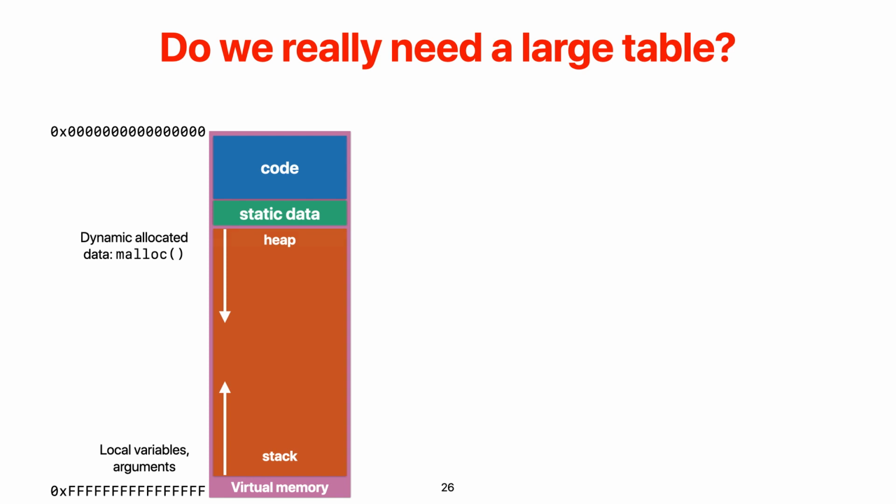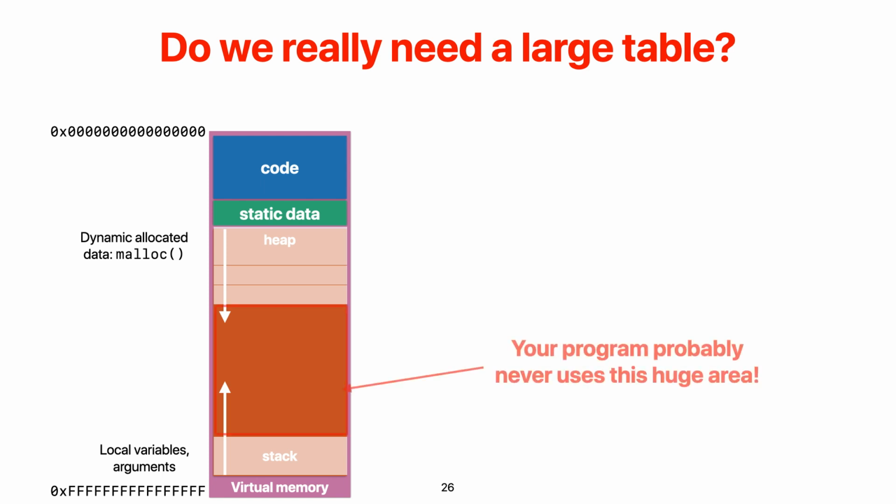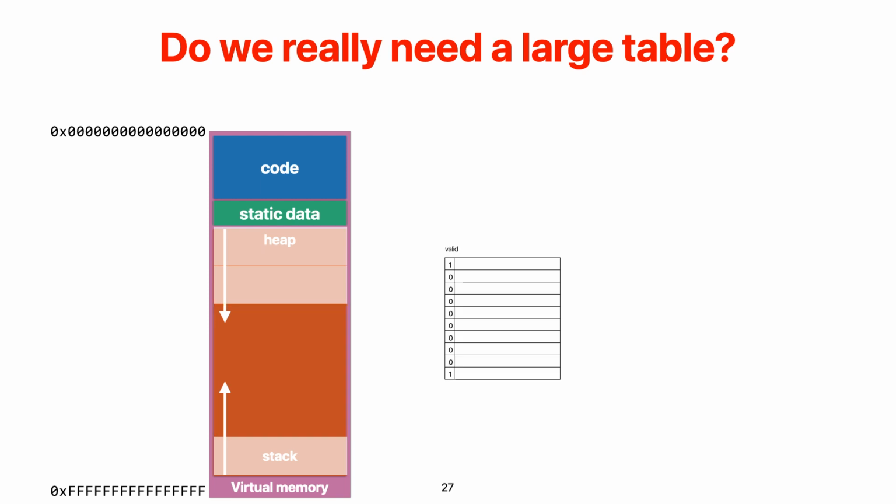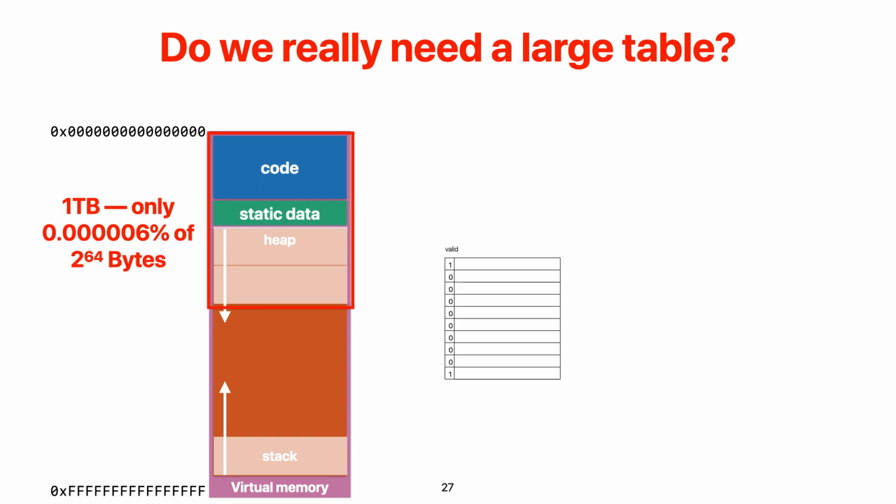So when you run your program, you can imagine that you keep getting addresses allocated from the beginning of the heap and the end of the stack. What it implies is that your program probably would never use this giant area in the middle of your address space.